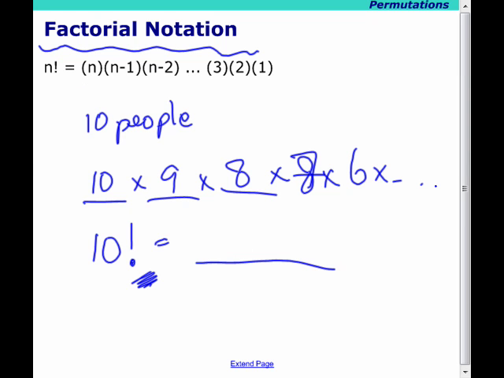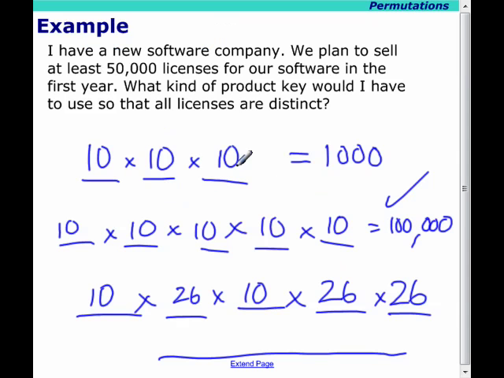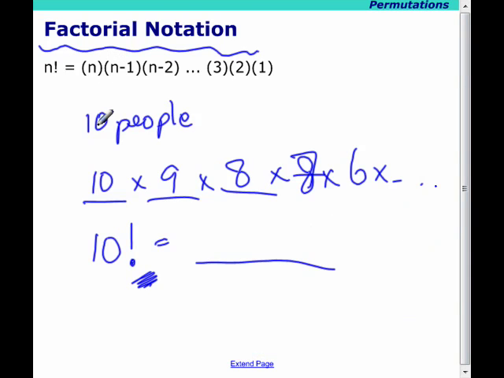Like you couldn't use factorial for this one because I had 10 numbers that I could use here, but then I could reuse, and so I'd have another 10 here. I couldn't use factorial here because factorial says start with 10, once you've used 1, then you've only got 9. Once you've used 2, then you've only got 8, etc.